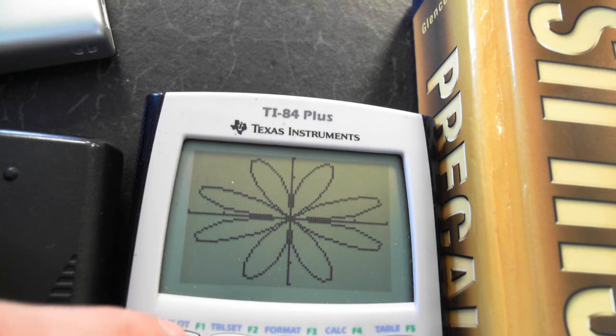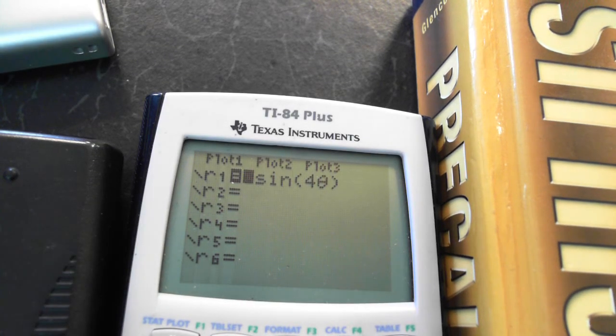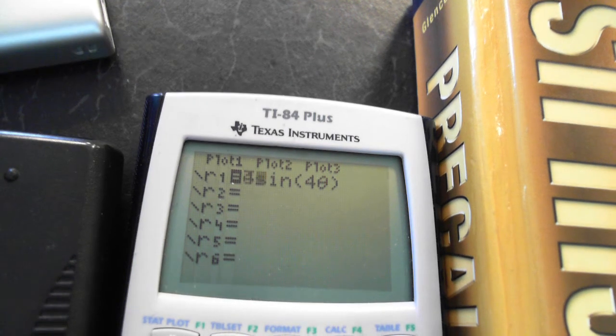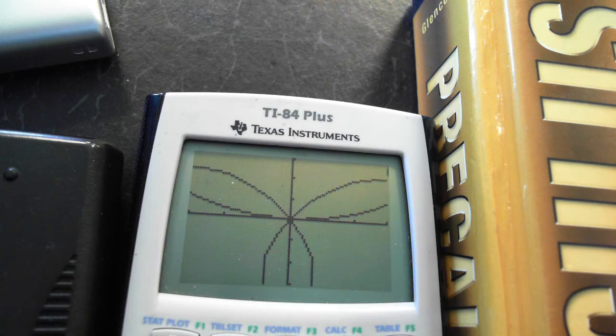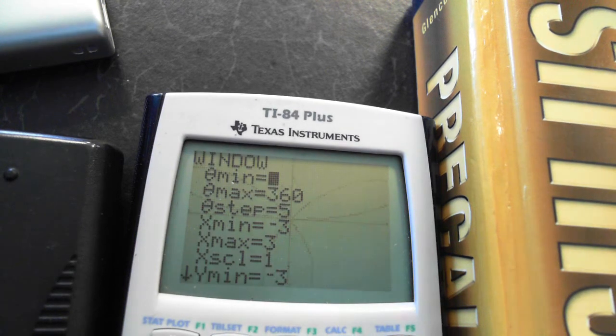I said sine. 4 cosine, they're calling it a length of 4. Wait, it's sine. Yeah. 4 sine 3 theta. There you go. He got it. He just has to zoom out to see it all.